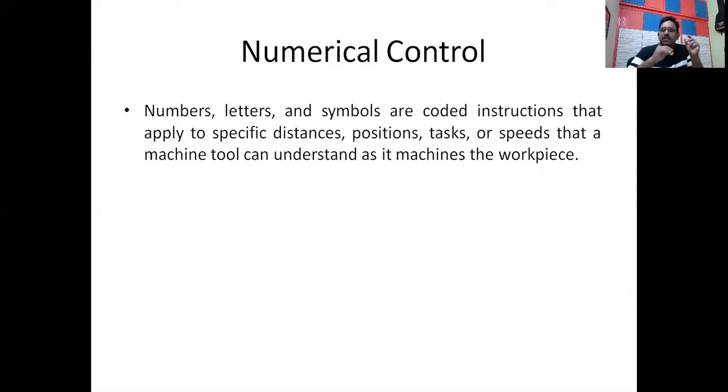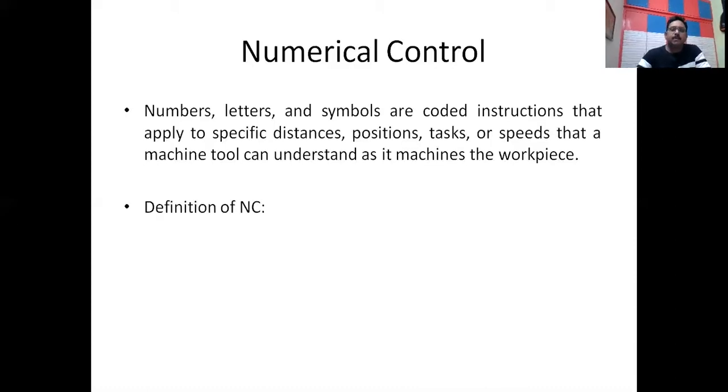That means a particular symbol may indicate a feed rate, or an increase of feed rate. A particular symbol may indicate the change of position from X direction to Y direction. Some sort of coded instructions will be given that the machine tool can understand.